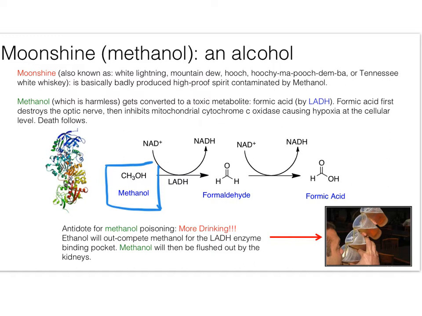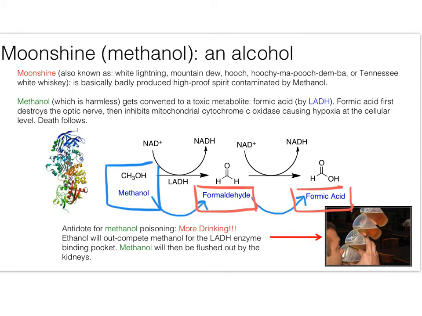And the interesting thing is that methanol is quite harmless by itself. However, your body is tricked into thinking that it's like ethanol, its cousin, and it tries to detoxify it. And in the process, this liver alcohol dehydrogenase actually converts it into two quite dangerous molecules. One is formaldehyde and one is formic acid, both of which are quite toxic, especially formic acid.